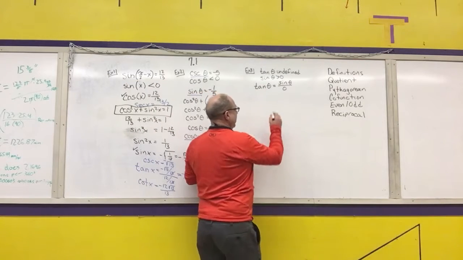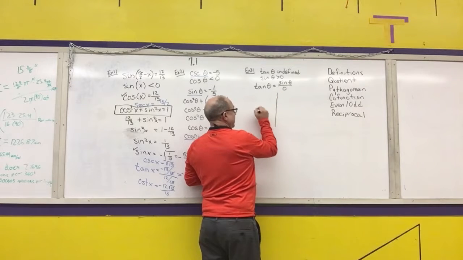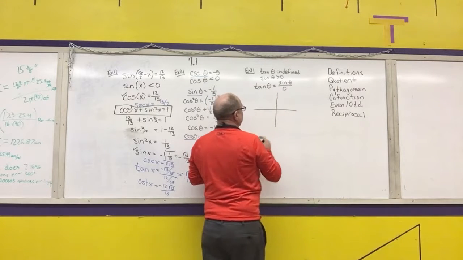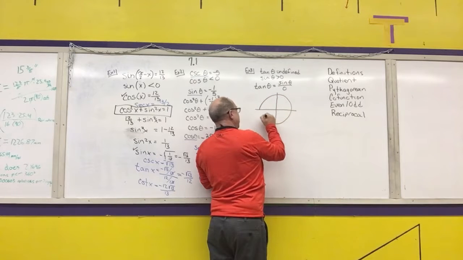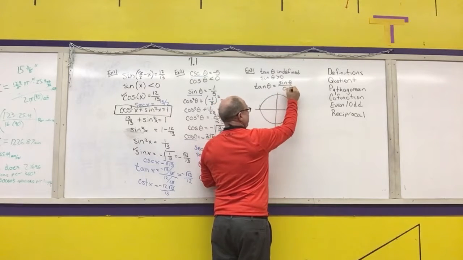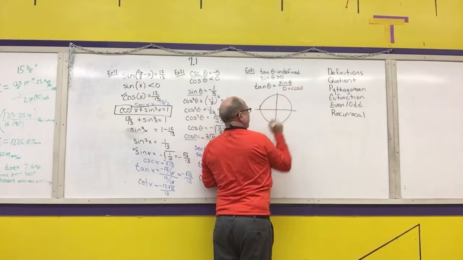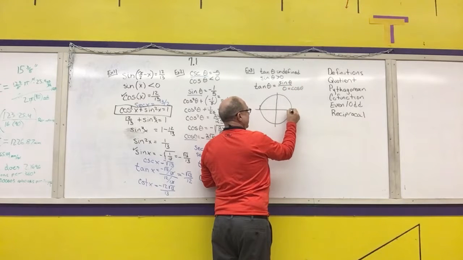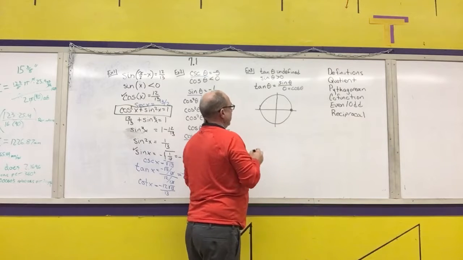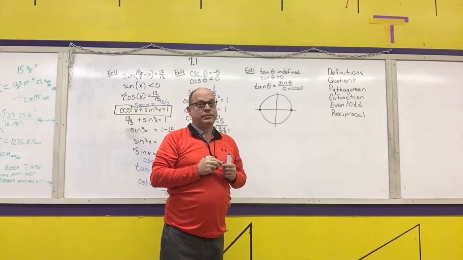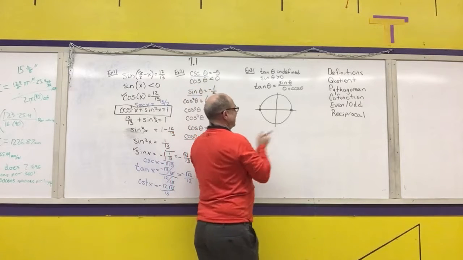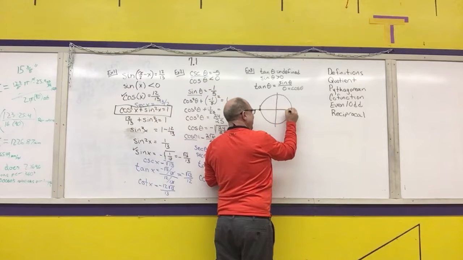Well, for that, I need to draw the unit circle. Well, that's cosine of theta. I know cosine of theta is 0 here and 0 there. It's 0 anywhere along the x-axis.